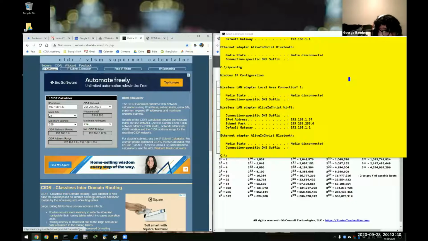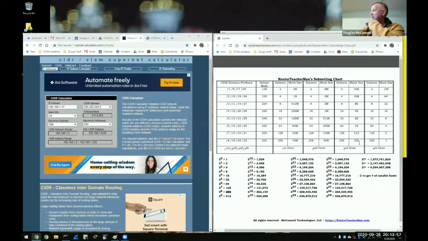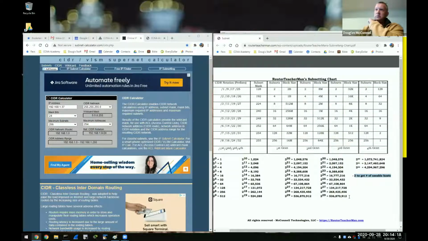So here's our mask. Here's our block size, 256. Maximum addresses basically means the host addresses. So we always have to take that block size and subtract 2.